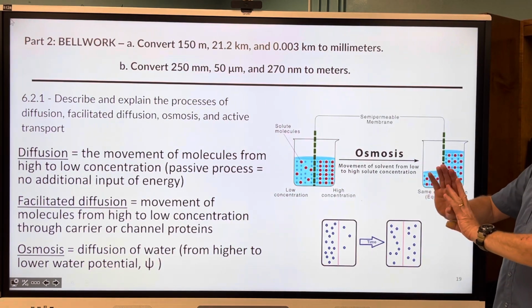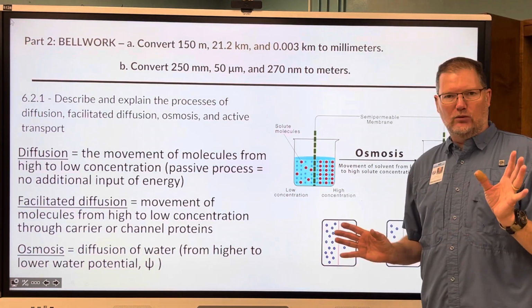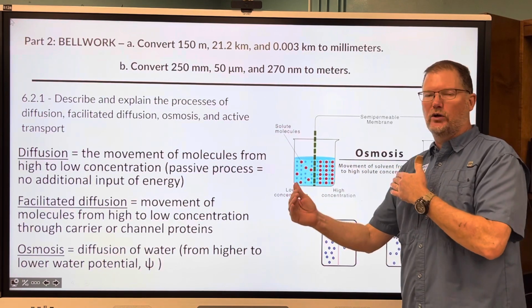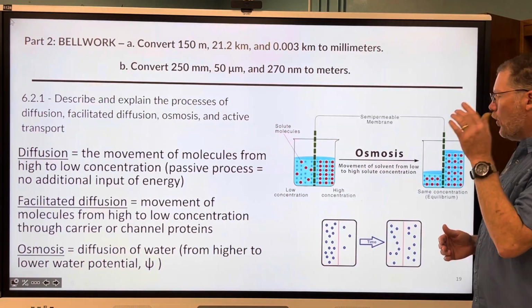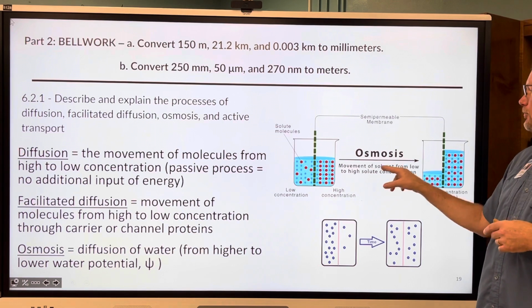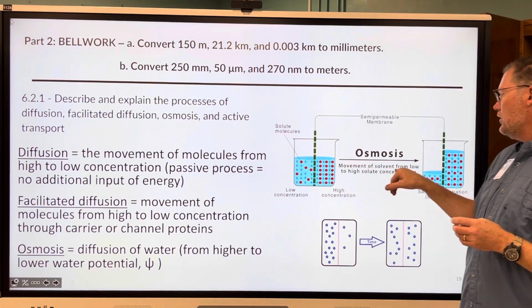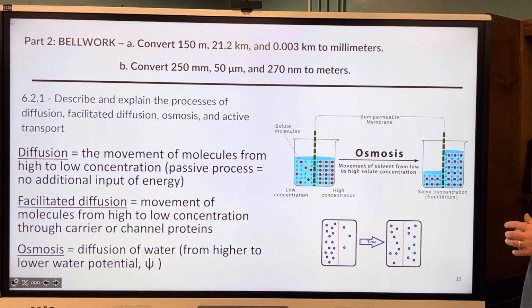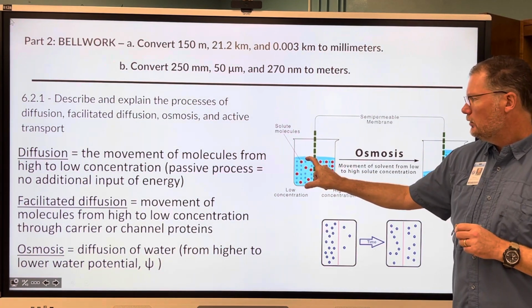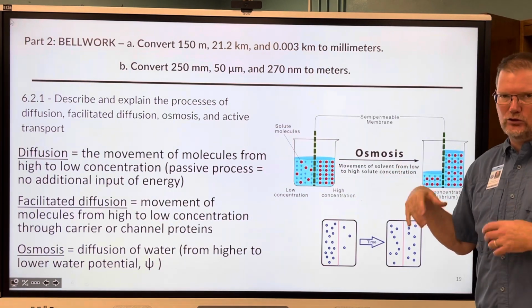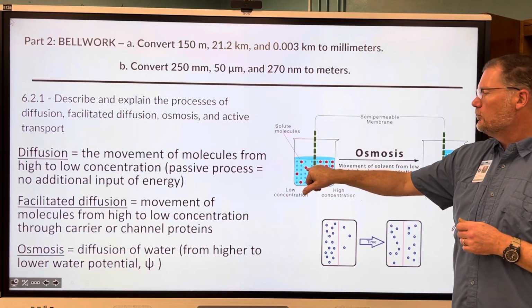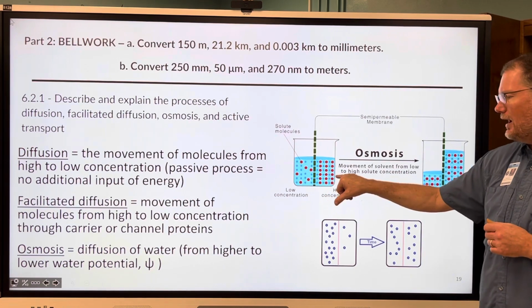Now if you don't put any energy in whatsoever, you're not forcing water in one direction or another, over time, the movement of the solvent from low to high solute concentration, well, in this case, it's the water, the universal solvent, water, is going to move from the lower to the higher.